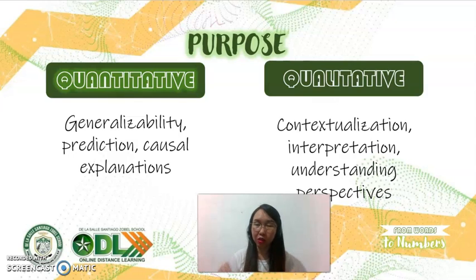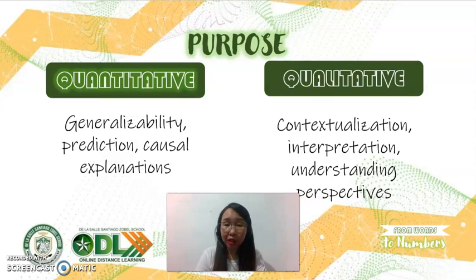So generalizability is more on the representative group of the population. And then prediction and causal explanations. Of course, these two things should be tackled in the next few lessons.